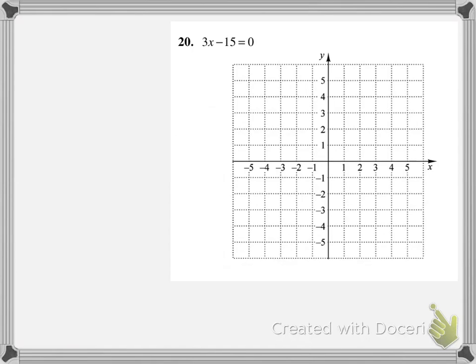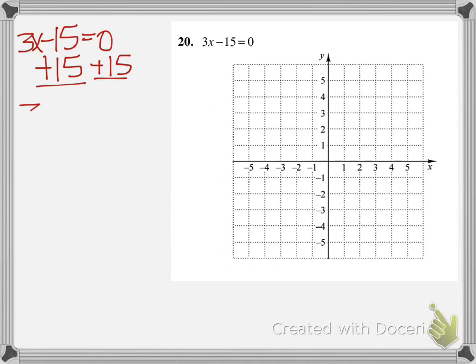Now in this problem, there's still only one variable, which tells me it's either horizontal or vertical. And since it's x, that means it crosses the x-axis. The question is where? Well, what you're going to have to do is solve for that variable. So if I have 3x minus 15 equals 0, let's just simply solve for x, and then we will know where it's crossing.